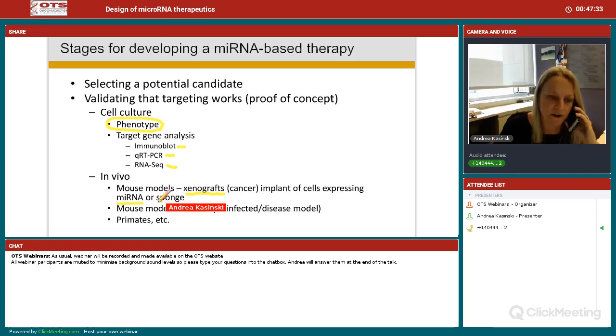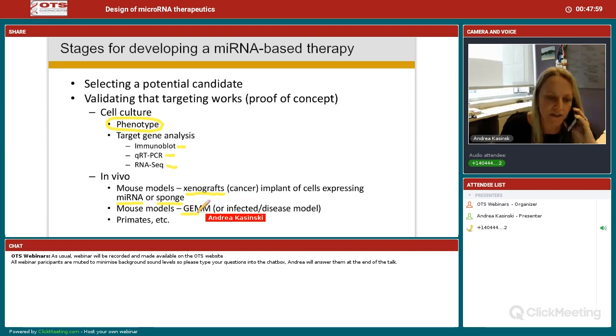Or to sequester a microRNA, you can overexpress, again through a transgenic approach, a sequence with multiple binding sites for a microRNA, which we would refer to as a sponge, which would be involved in sequestering that microRNA away from its endogenous target genes. And then those cells can be implanted into the mouse model and the phenotype could be observed.